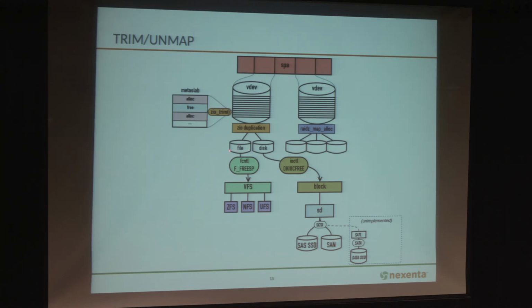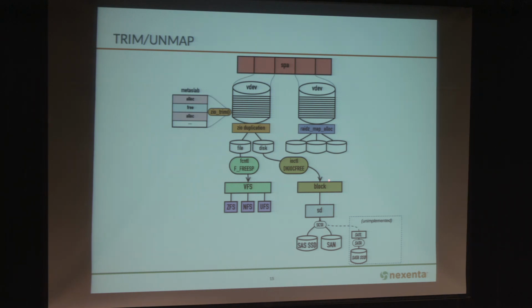For files, we just do an fcntl for F_FREESP, and that goes down to your VFS layer and to whatever file system you're running this on. So you'll get file hole punching in these cases. On disk devices, we issue an ioctl, which in Illumos is DKIOCFREE.